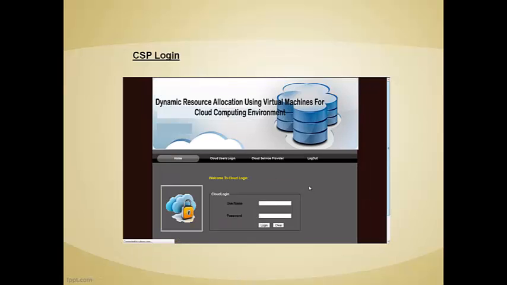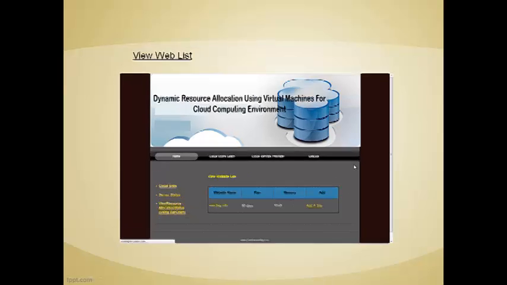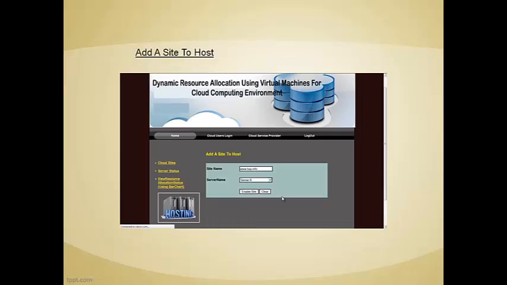And this is the cloud service provider login page. After login, the CSP will be redirected to his home page, where he will be welcomed for hosting sites. He can see whether cloud users have sent requests for hosting sites or not, shown as processing, where he can add the requested site to a particular server.